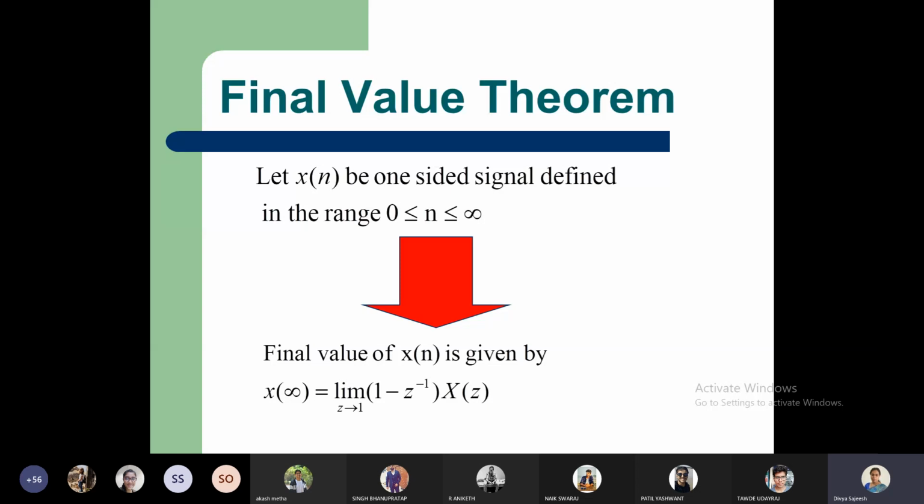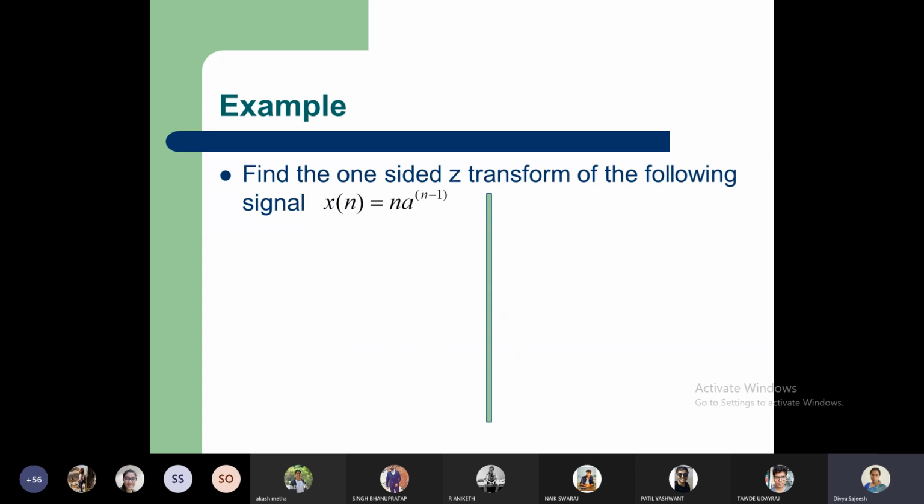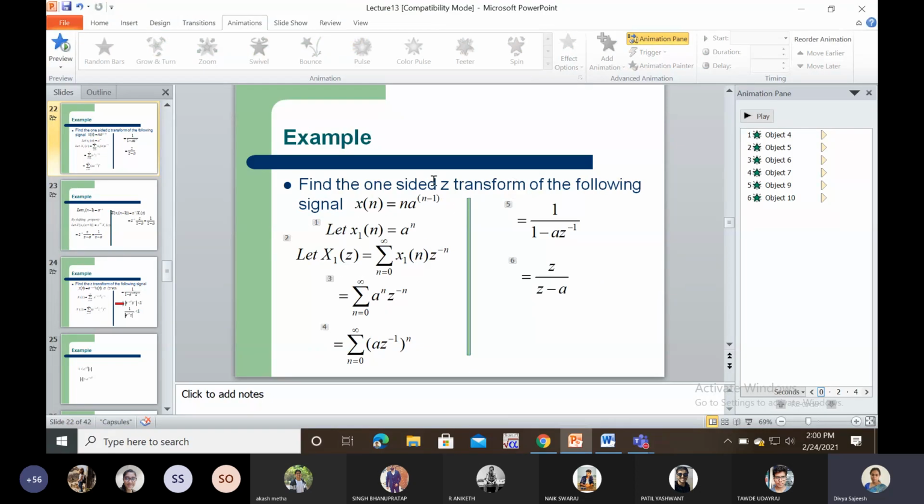So let us solve two numericals based on these properties, to see how we can apply the properties. Let us take the first one.